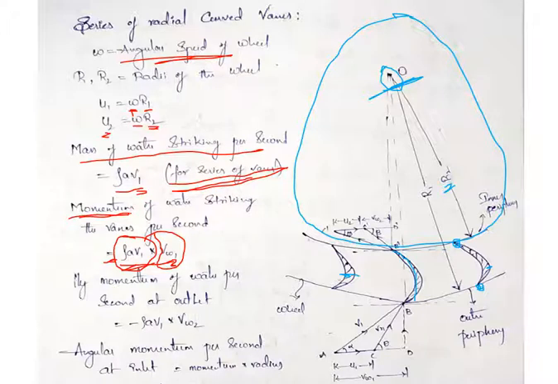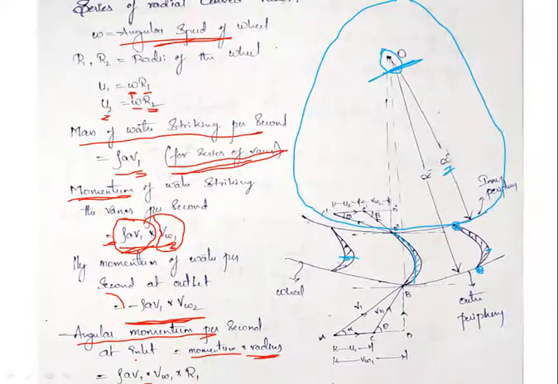Similarly the momentum of water per second at the outlet, and this is your negative case, which is getting at the outlet of your vane. And finally the angular momentum per second at the inlet, which is nothing but momentum into radius, that is rho a v1 vw1 into r1.